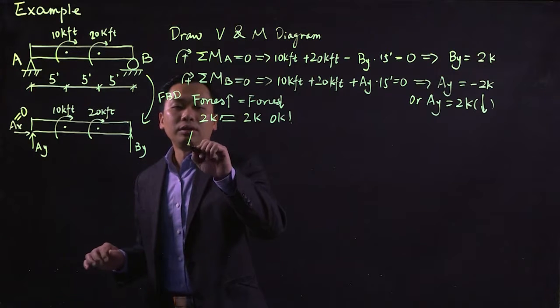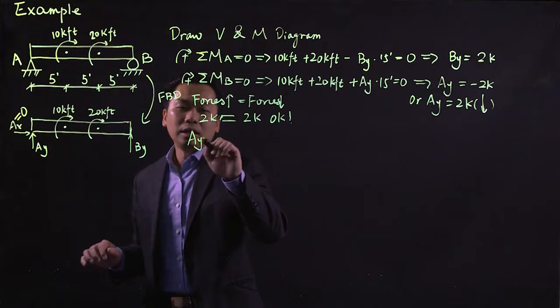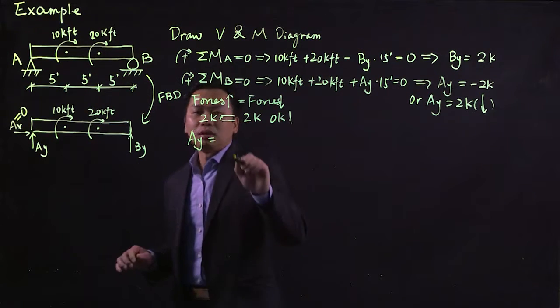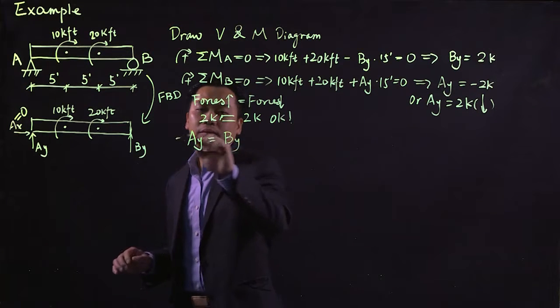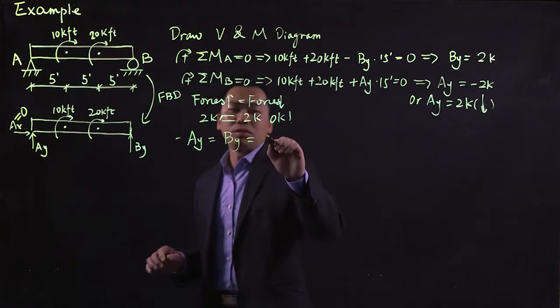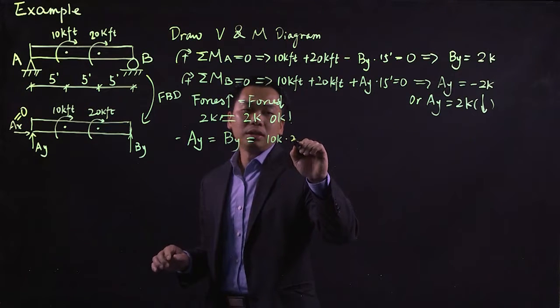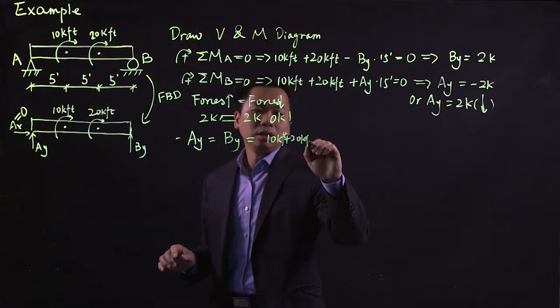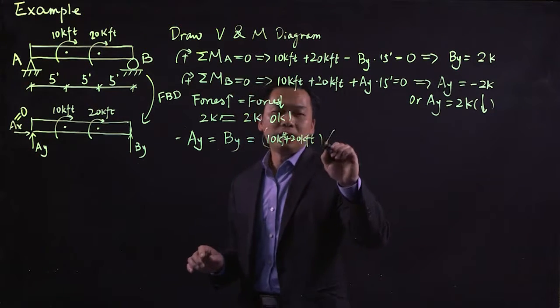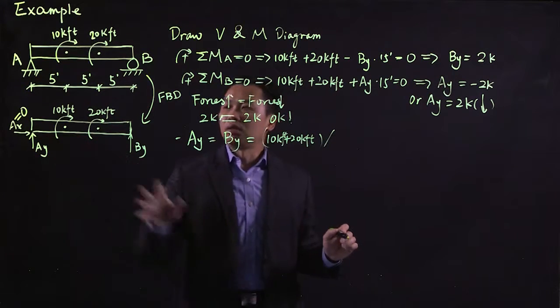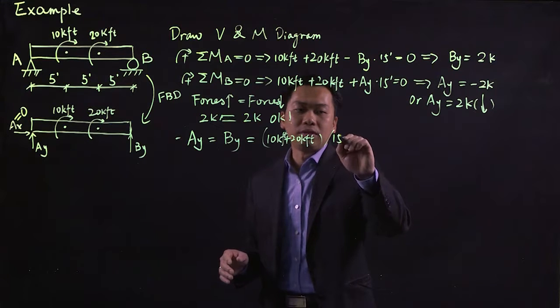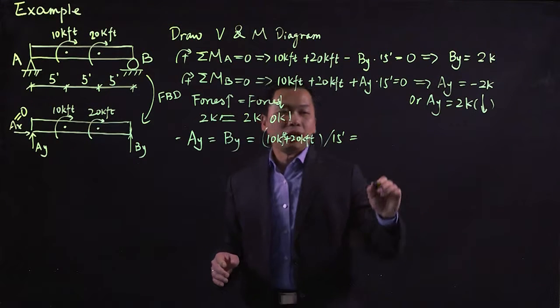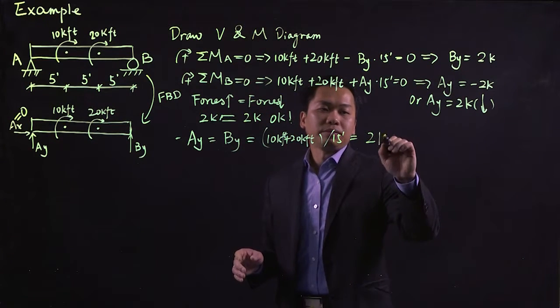Therefore, your AY needs to be equal to your BY, and that's equal to the external moment divided by the distance between those two forces of the couple, which is 15 feet, and that gives you 2 kips.